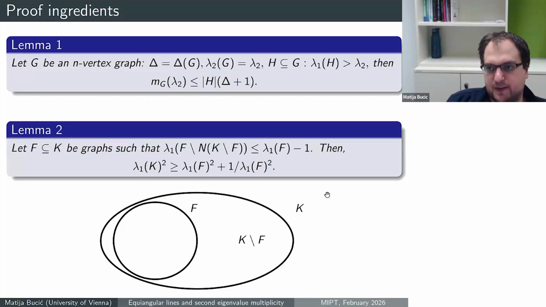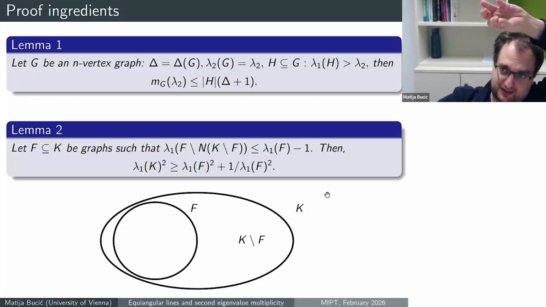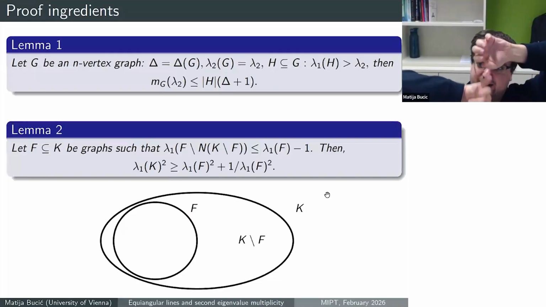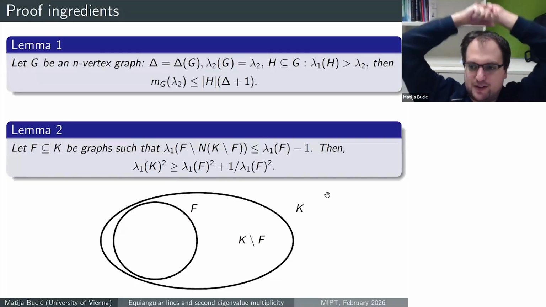And this is tight, because you can take a lollipop graph, which has a clique here and then a long path going below it. If you add an extra edge at the bottom of the long path, the largest eigenvalue increases by roughly 1 over lambda 1 to the power diameter, which is essentially just the length of the stick of the lollipop.